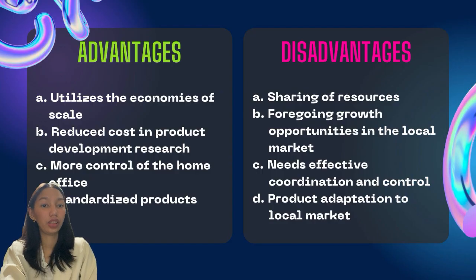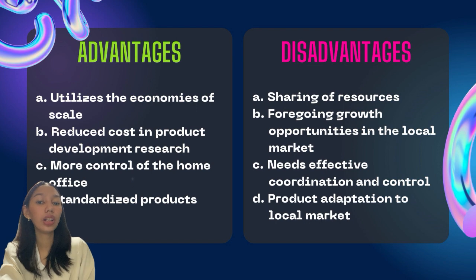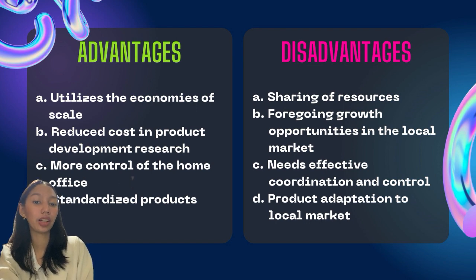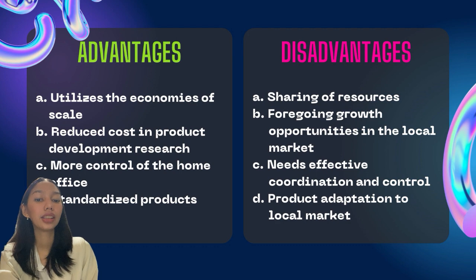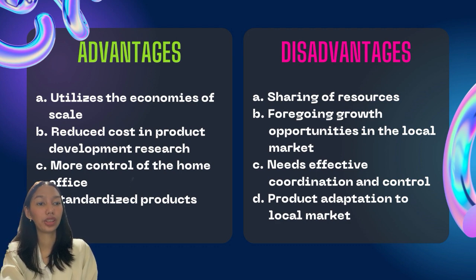One of the advantages of this is that it utilizes economies of scale. Just like Coca-Cola, the company benefits from economies of scale by producing standardized products and utilizing global supply chain efficiencies. This allows Coca-Cola to optimize production and distribution on a large scale.